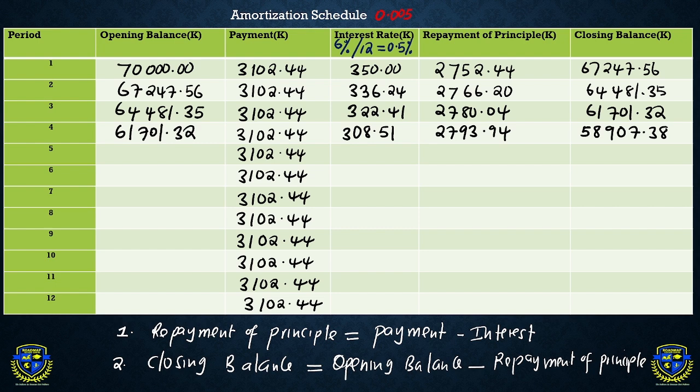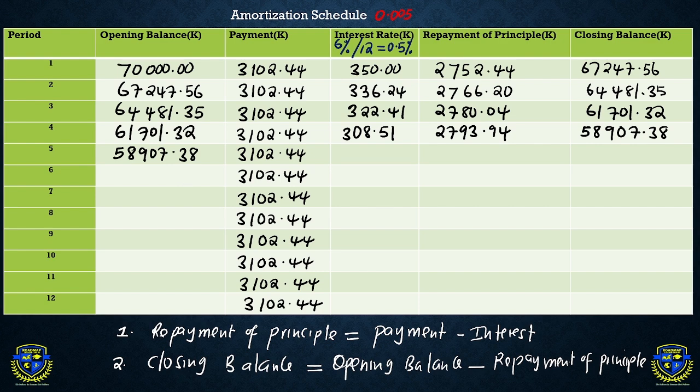Okay, so that closing balance for period 4 becomes our opening balance for period 5. We're going to say 58,907.38.